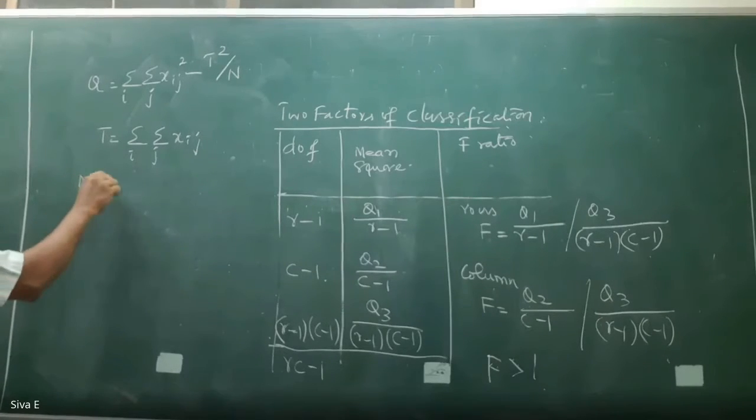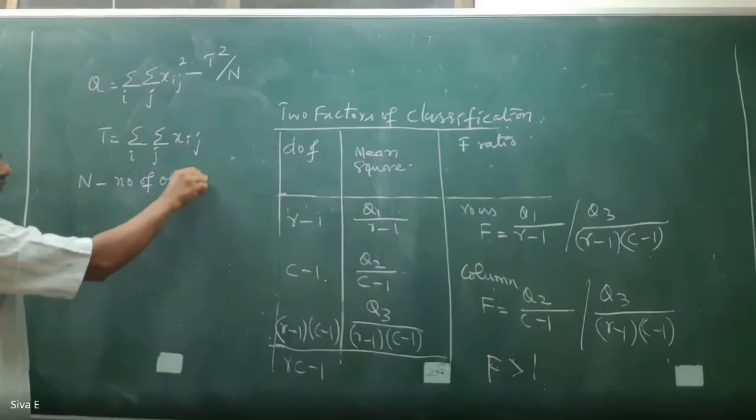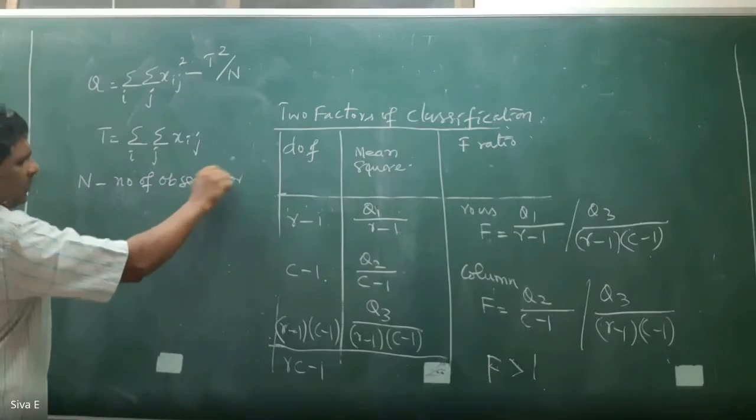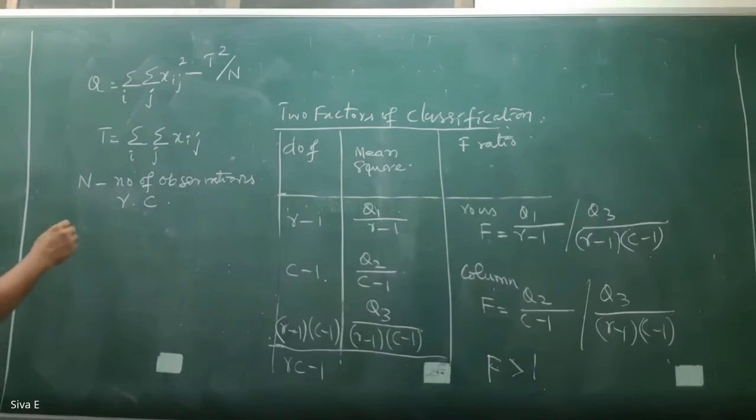N is the number of observations, that means number of rows into columns, capital N.